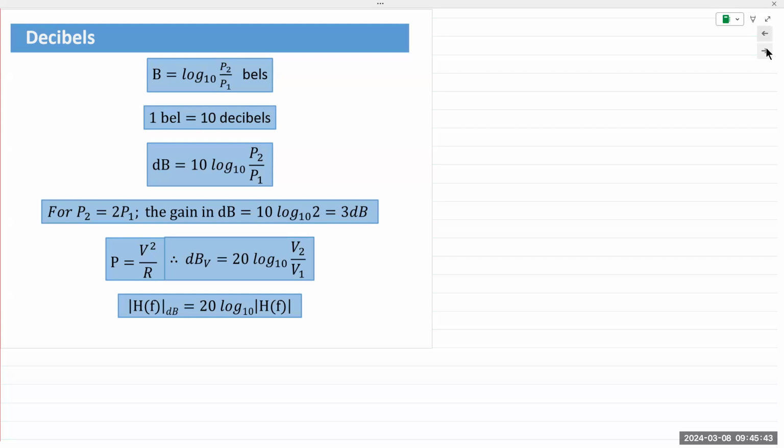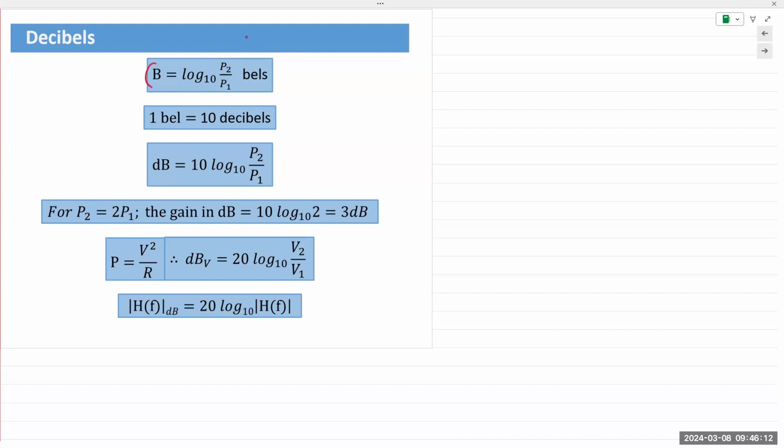So trying to describe the ratio using linear terms was proving difficult. So they came up with a new unit: the ratio of the two powers, P2 over P1. And they named it after Alexander Graham Bell, telephone engineers. They named it after Bell.